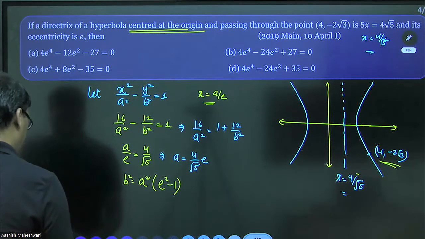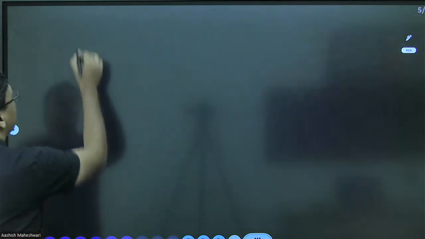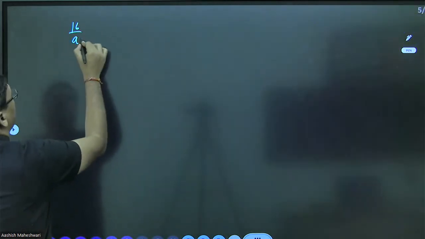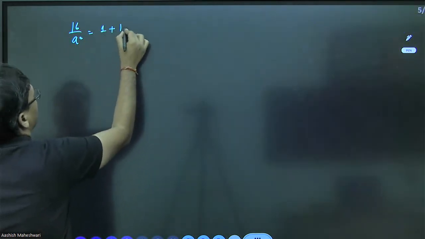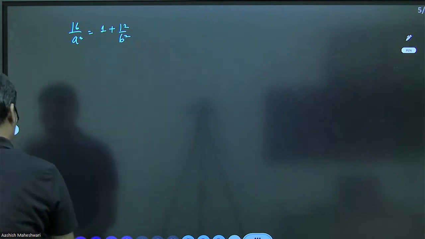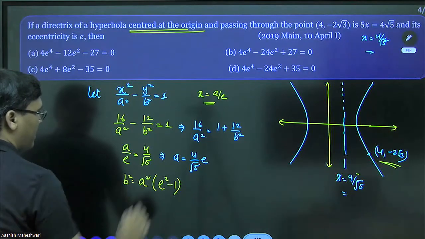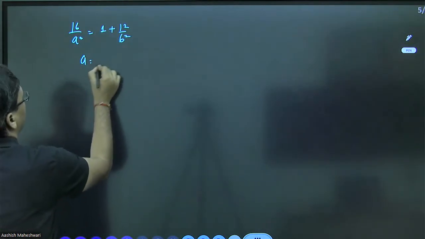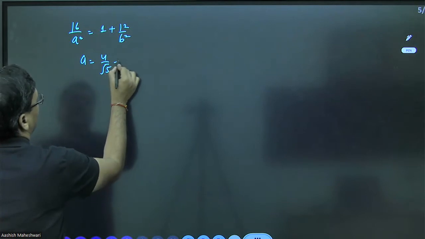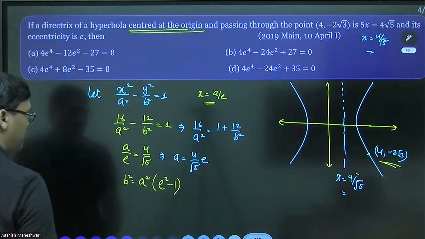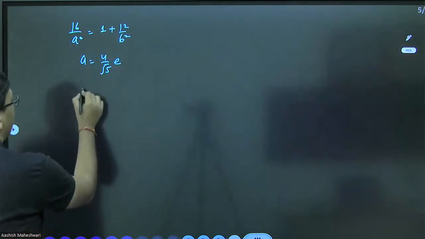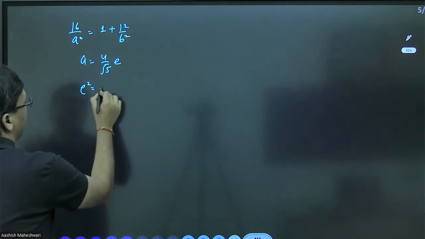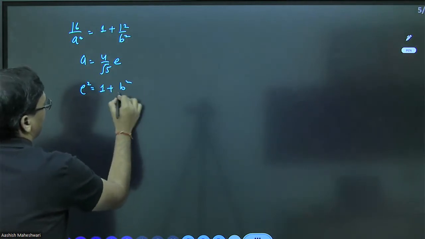So we have 16 by a square is equal to 1 plus 12 by b square, right? This is one relation we have. We have a is equal to 4 by root 5 e. And what is the third relation? We have e square equal to 1 plus b square by a square.